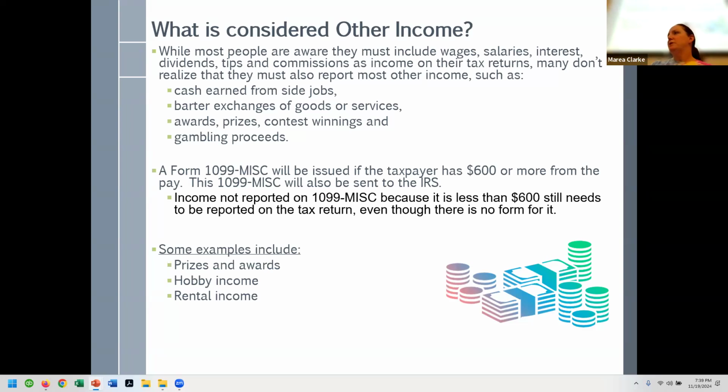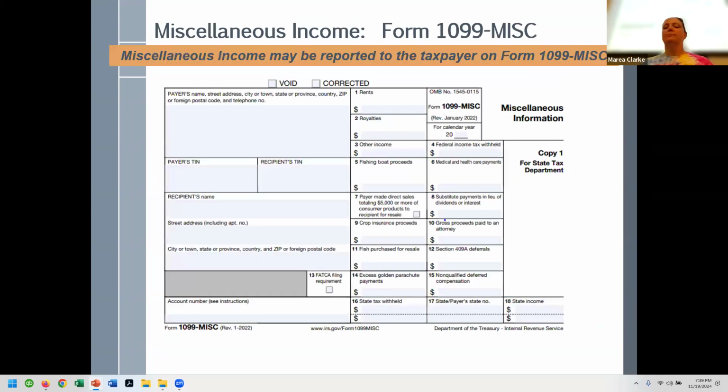You entered a case competition, your proposal won a $250 award. Usually they don't provide them unless it's over $600. So you won a $1,000 award. It was great. You're awesome. You have a 1099-MISC. Enter the form. It's all going to be good. This is what that form looks like. Generally, it's going to be on line number 3, other income.